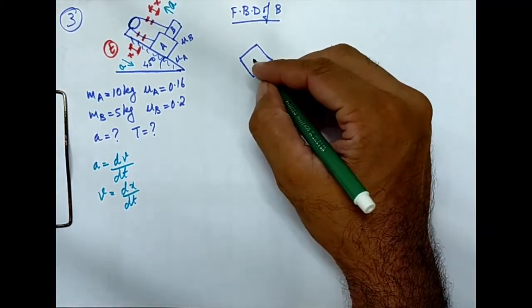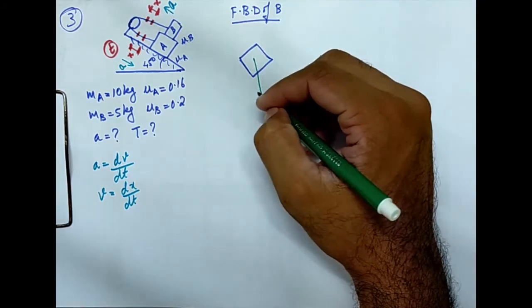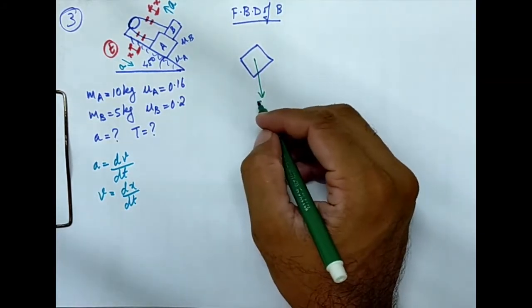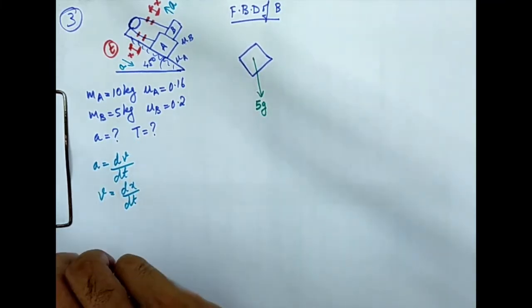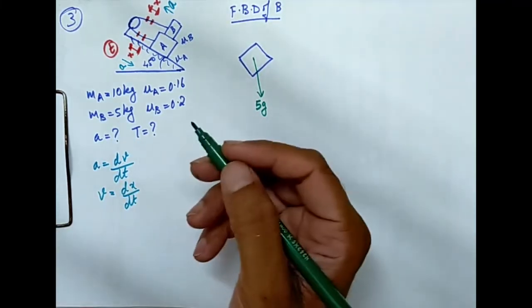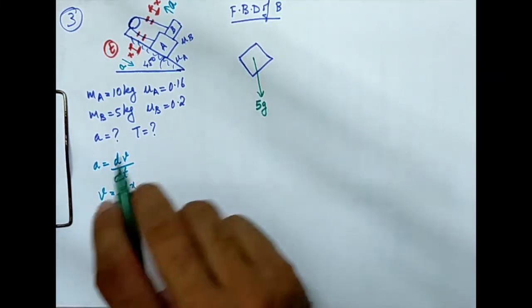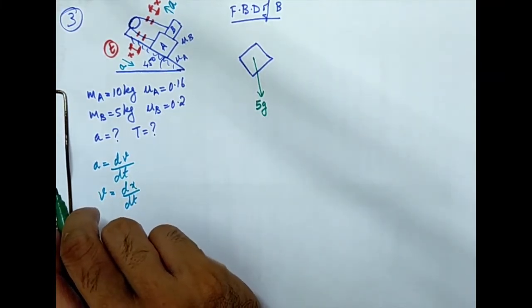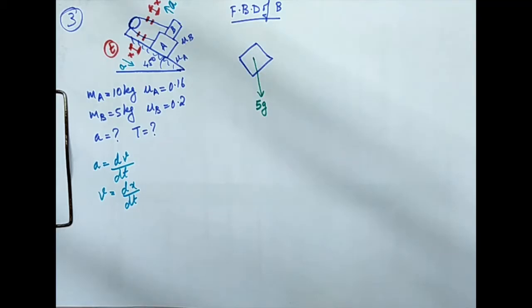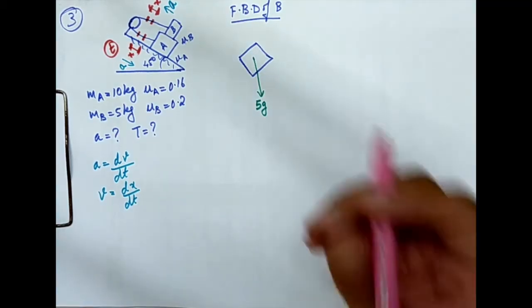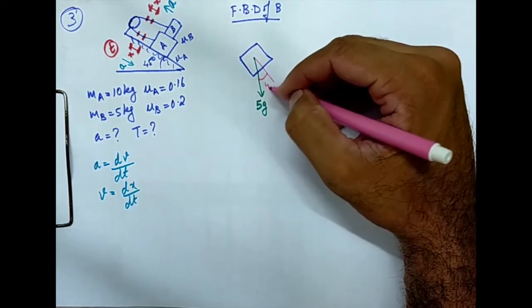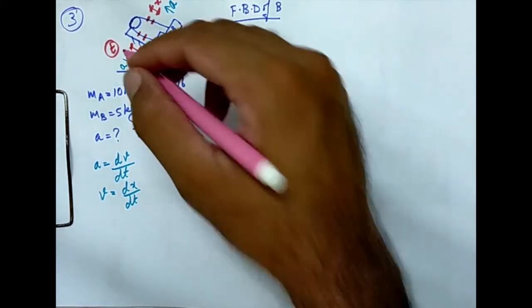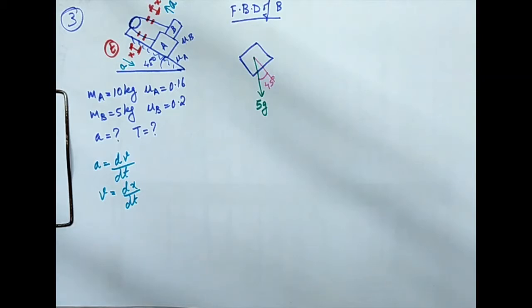It is having its weight acting downward. Mass is 5 kg. So weight will be 5 times g or 5 times 9.81, where g is the acceleration due to gravity. And we can see that this is making an angle of 45 degrees because of the profile of the slope given in the problem.